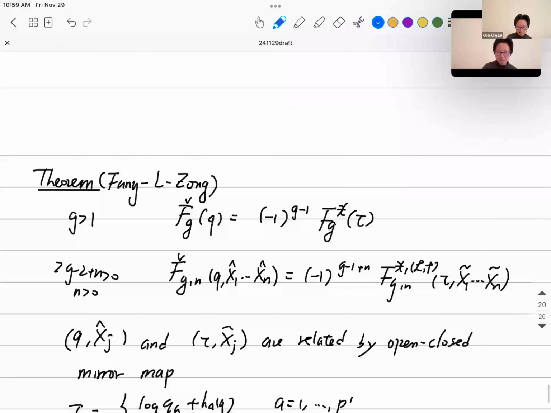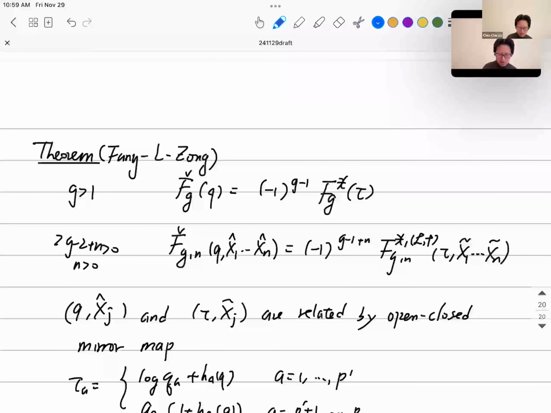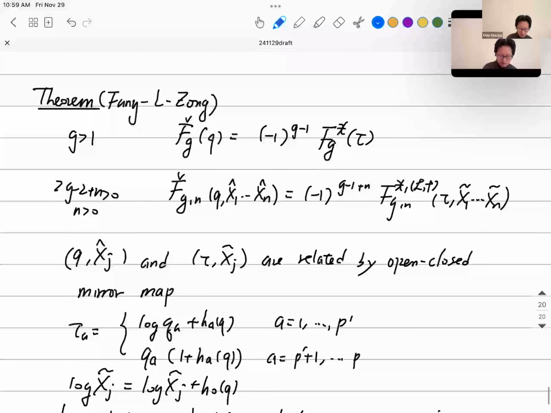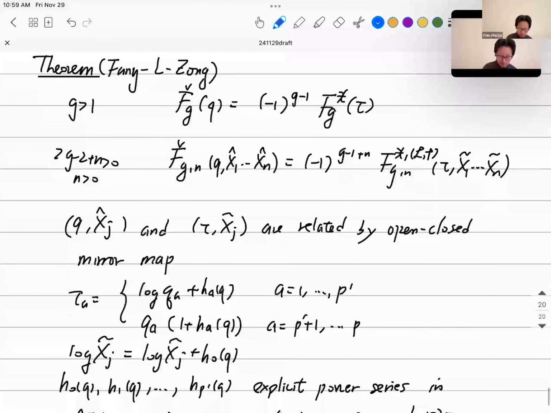We have defined the A model topological open-closed string and the A model topological open string. They are related by this. After we do this very explicit open and closed mirror map, you see that the closed string parameters on the B side are little q1 to little qp, and the closed string parameters on the A side are tau1 to tau p.